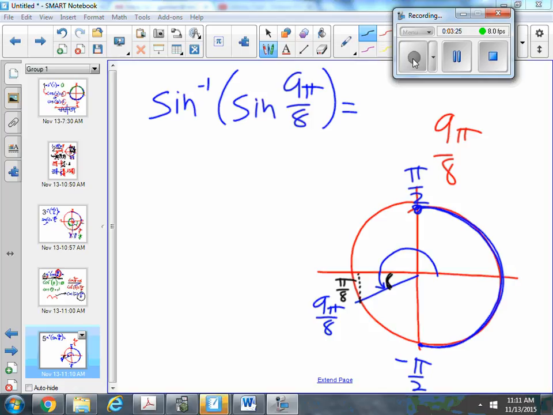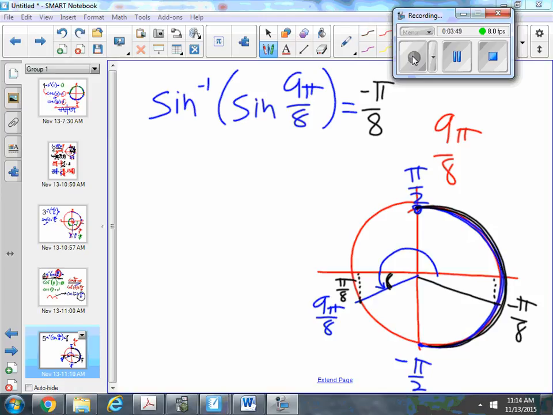So the angle that is within our allowable range that gives me the exact same sine would be right there. It would be a negative pi over 8 angle. So the answer to this question is negative pi over 8.